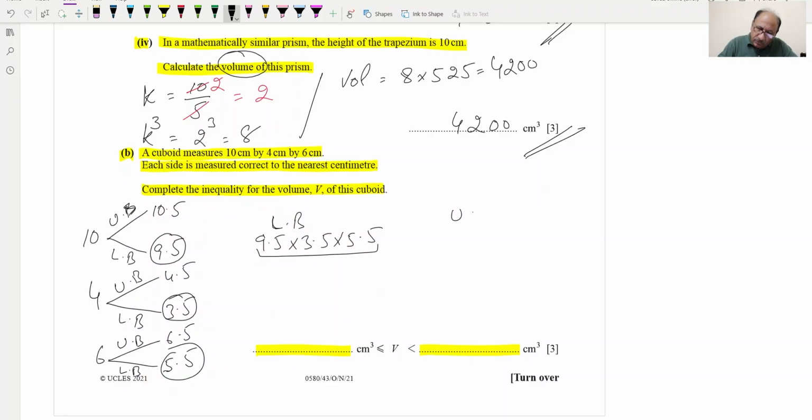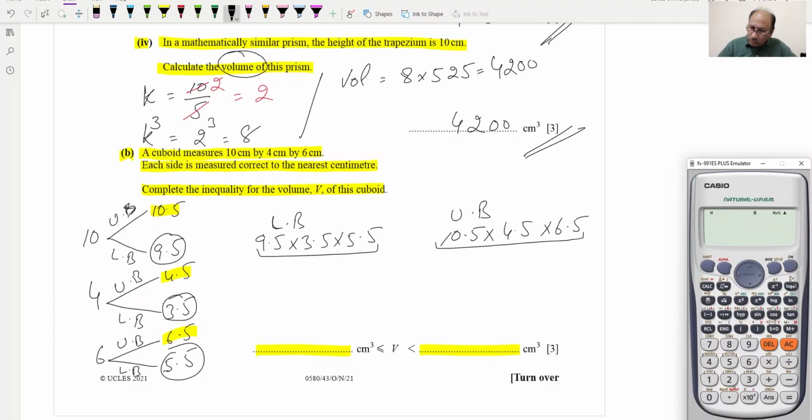Whereas for the upper bound we will be multiplying the numbers which are upper bounds like 10.5, 4.5 and 6.5. So it will be 10.5 multiplied by 4.5 multiplied by 6.5, and this will provide us the upper value, and the rest is just calculation.